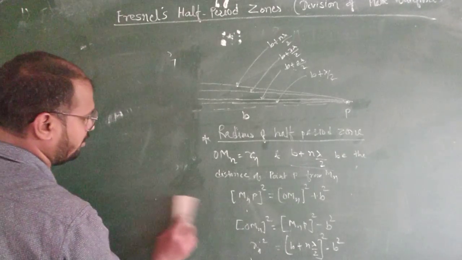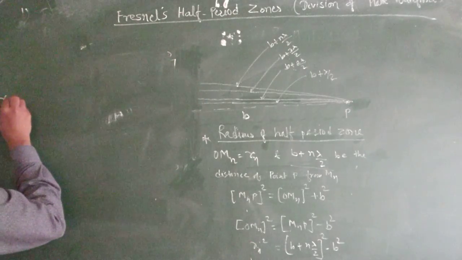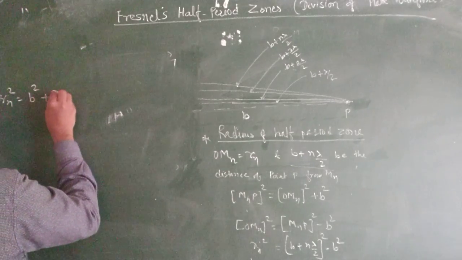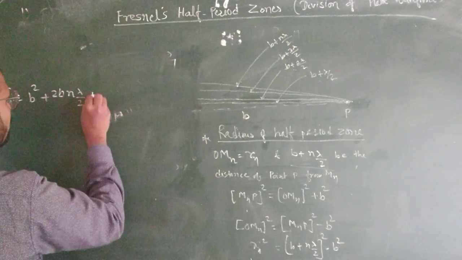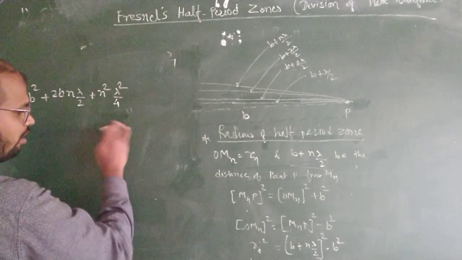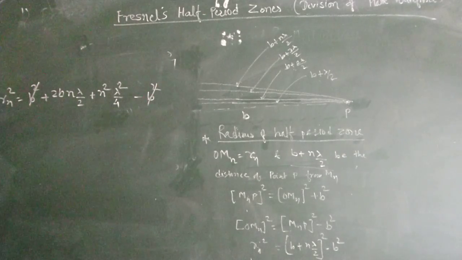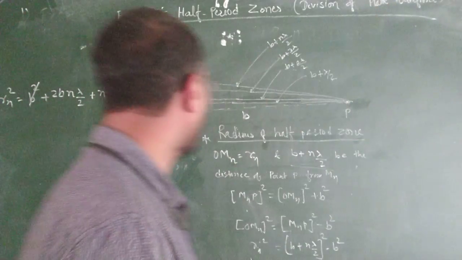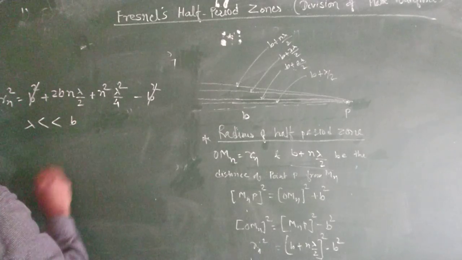So Rn square is equal to b square plus twice b n lambda by 2 plus n square lambda square divided by 4, minus b square. This b square and this b square cancel out, and lambda, that is the wavelength, is much less than b.